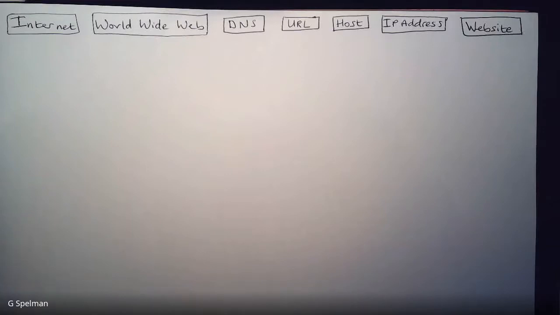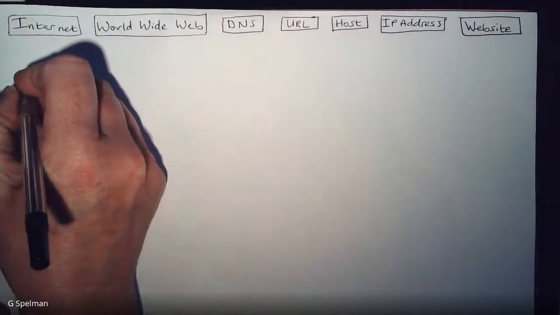In this video, we're going to get familiar with some terms that we use when we're talking about the internet. Now, the internet is a collection of computers that are connected together across the world. So, the internet.